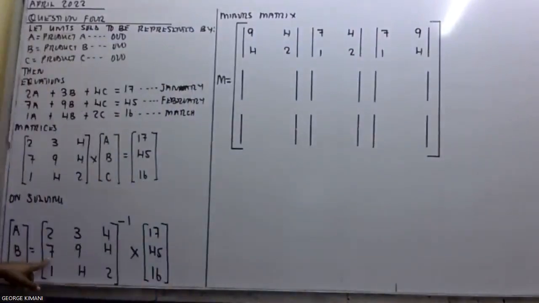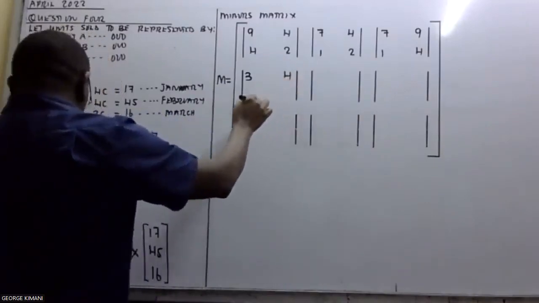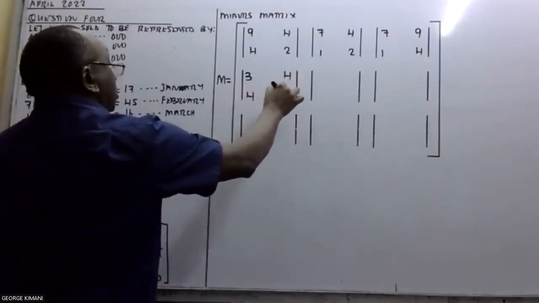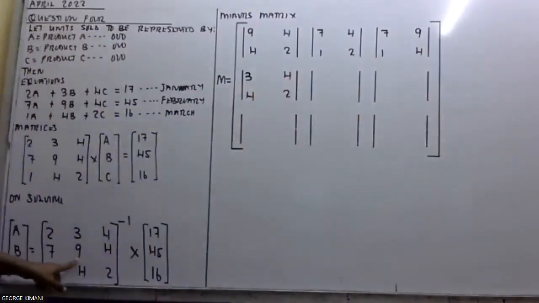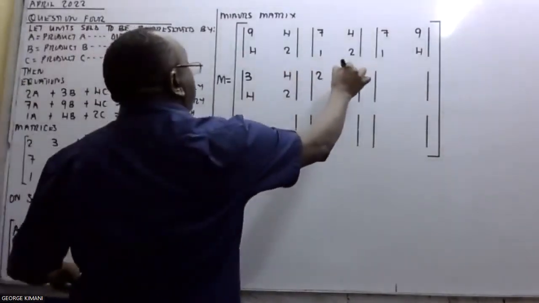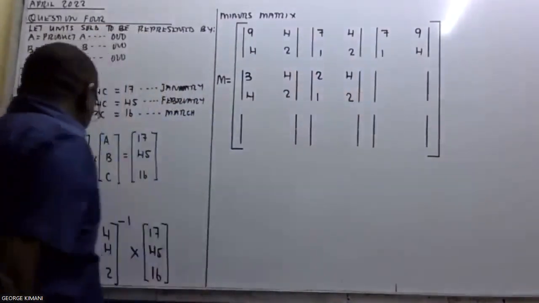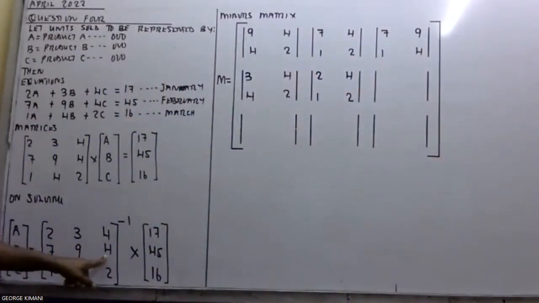When I get here, I broke the second row, first column. I'm left with 3442. When I get here, I broke second row, second column. I'm left with 2412. Here, I broke second row, third column.